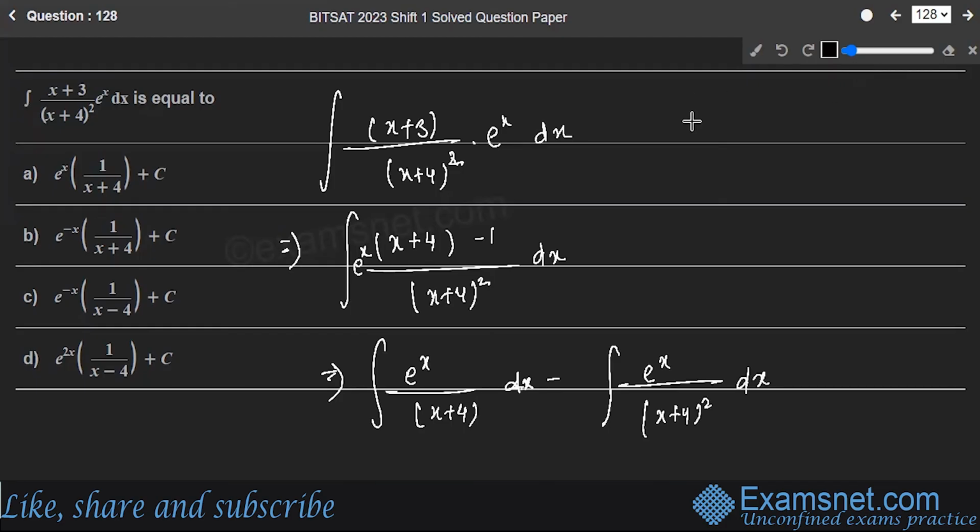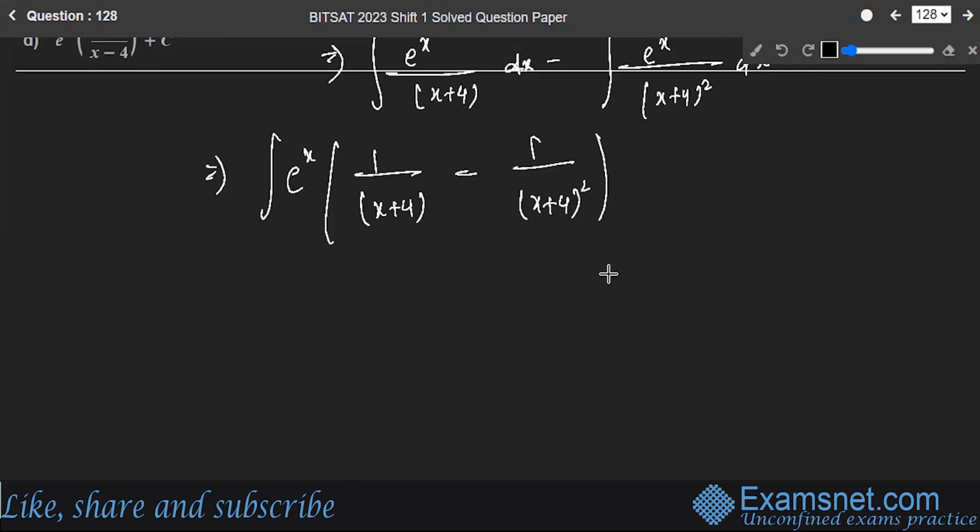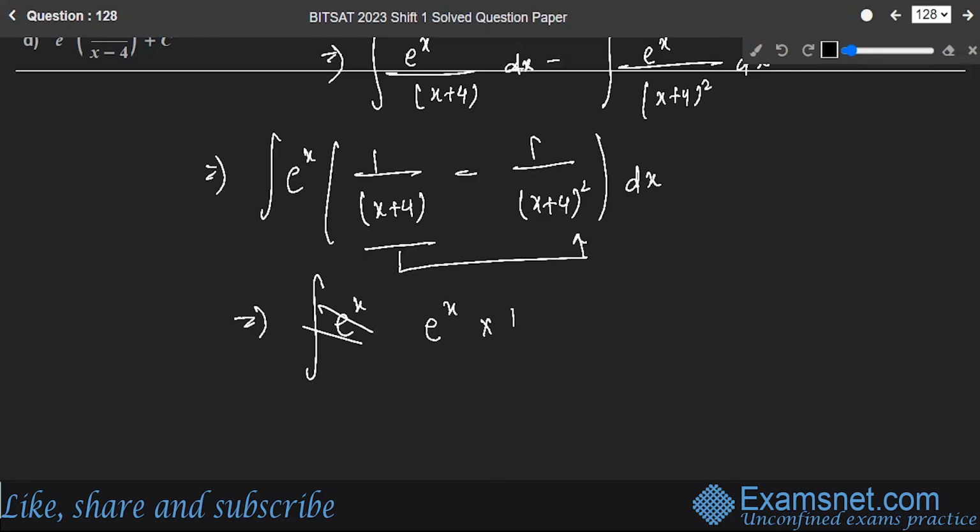So this is equal to the integral of, I'm combining both of them, this minus this dx. See, you have this, and the derivative of this function will give you this function only. So now this can be written as e^x into 1/(x+4) plus c.